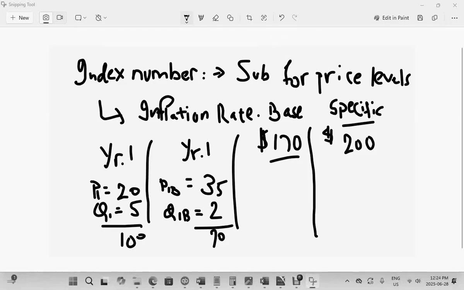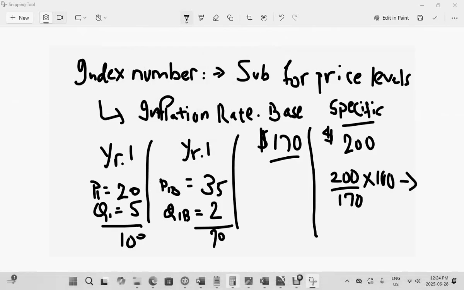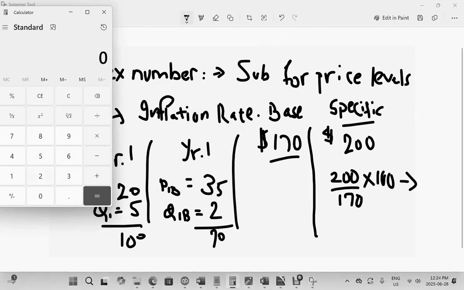So 200 divided by 170, multiplied by 100.